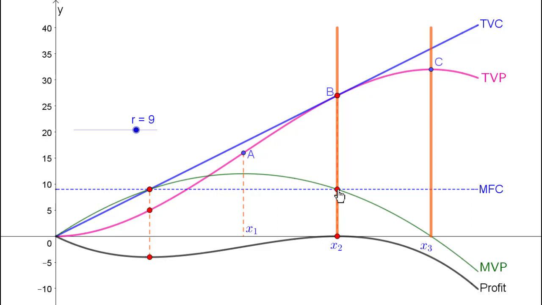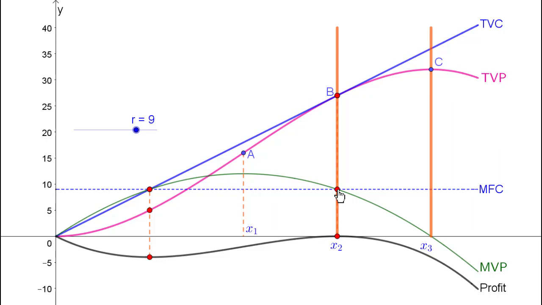I also plotted the MVP curve and the MFC line. Again, the MVP curve is the slope of TVP, or the rate of change of TVP, and MFC is the rate of change of TVC, which is the variable cost.